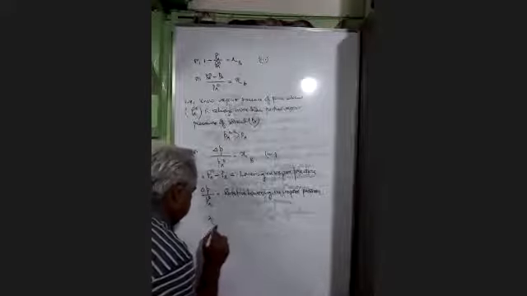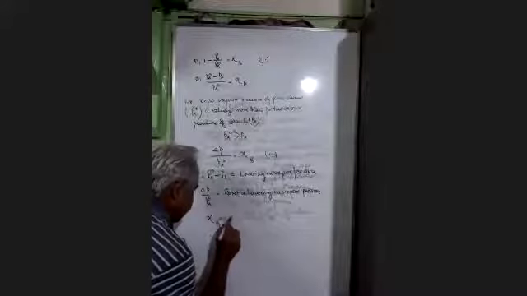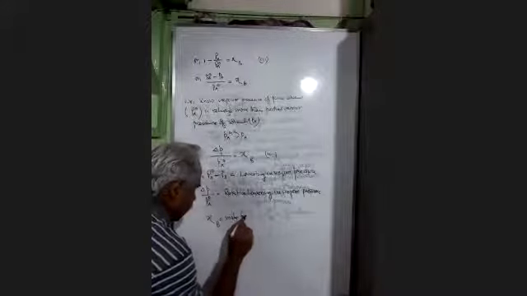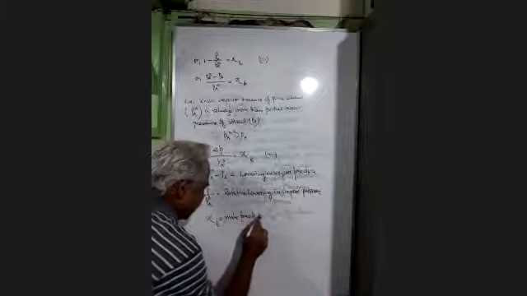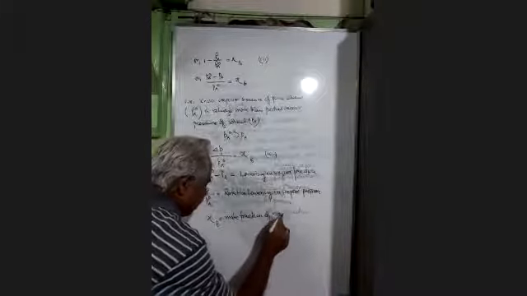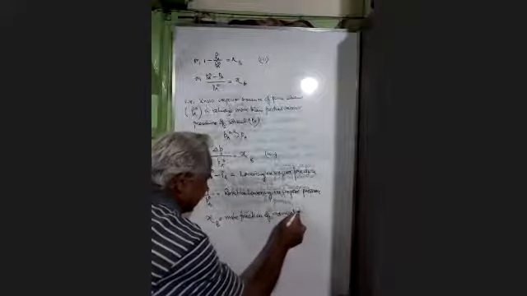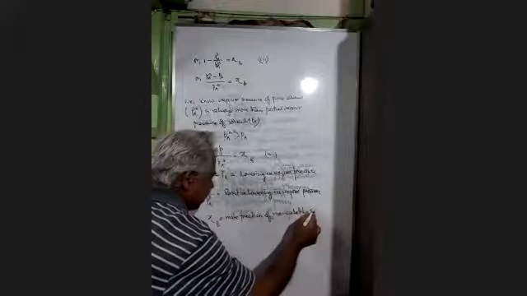Okay, now what is chi B? Chi B is the mole fraction of the non-volatile solute. This is very interesting. Now you find the relative lowering in vapor pressure does not depend upon the solvent.